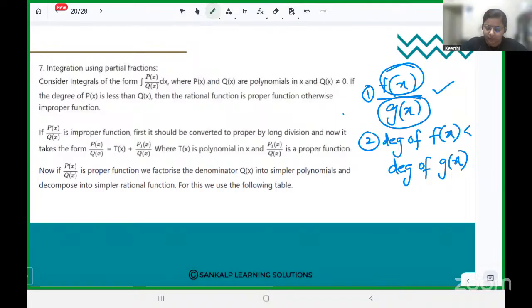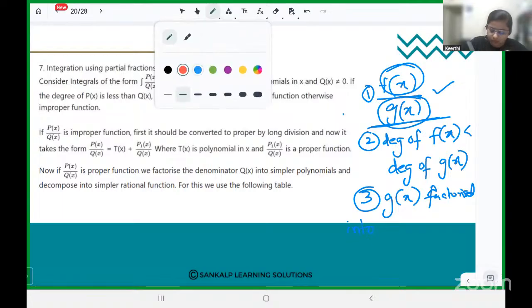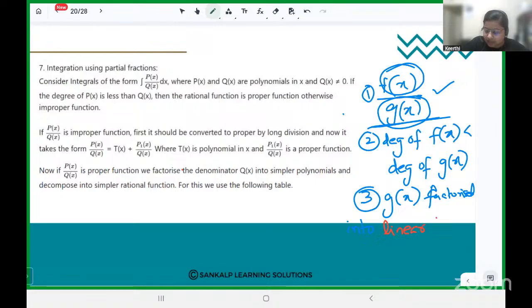The third condition is that the denominator g of x can be factorized into linear or quadratic factors. So these are the conditions.